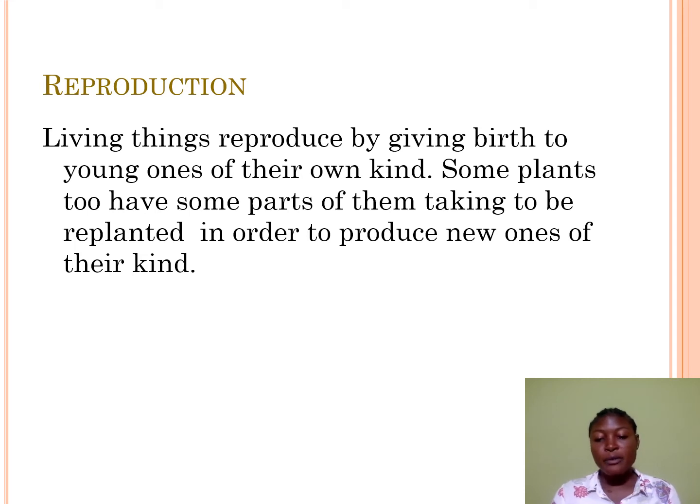Others have some parts of them cut in order to be reproduced again. So I hope you've gotten an understanding that only living things can reproduce, and they have ways where they give birth, or they have part of them replanted to germinate or produce their kind.